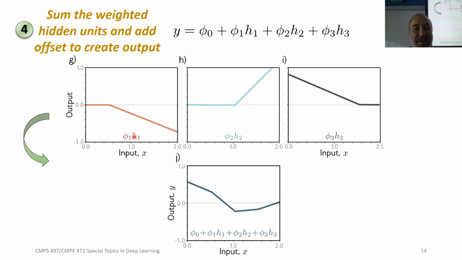Because of the clipping that happens. So for every joint in the hidden units, we will have a corresponding joint in the output function.